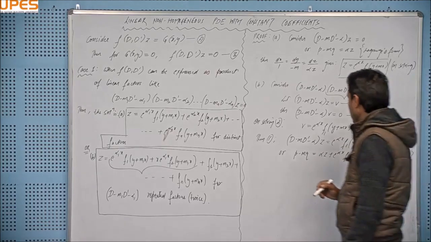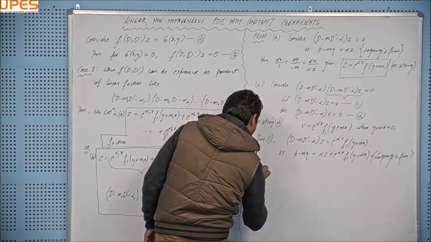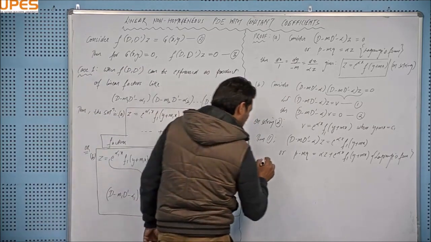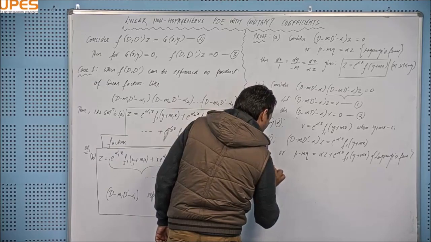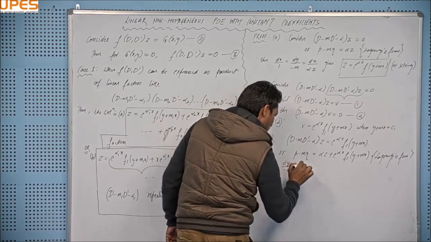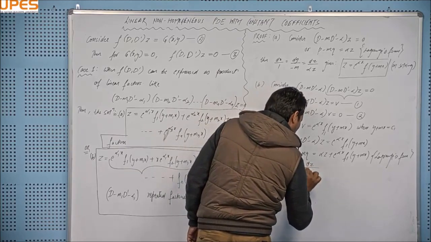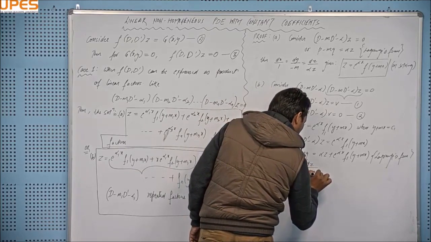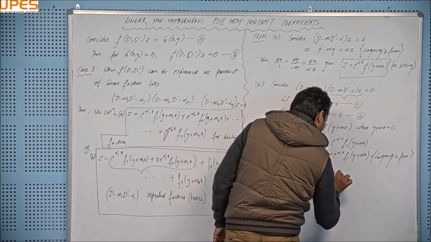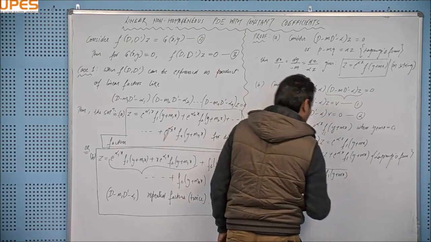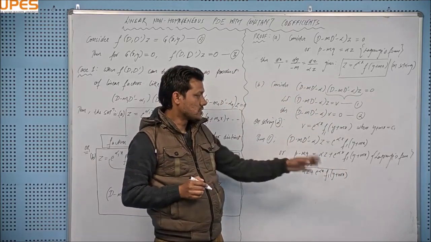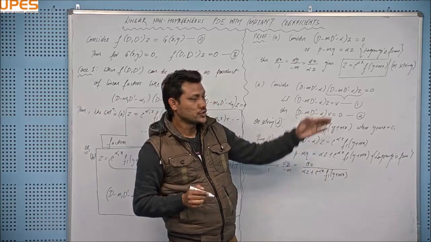Now writing the corresponding subsidiary equations, I will get dx upon 1, dy upon minus m, dz upon alpha z plus e to the power alpha x f1 of y plus mx. Taking these two ratios at a time and solving, I will get y plus mx is equal to some constant, and that is obviously equal to c1.